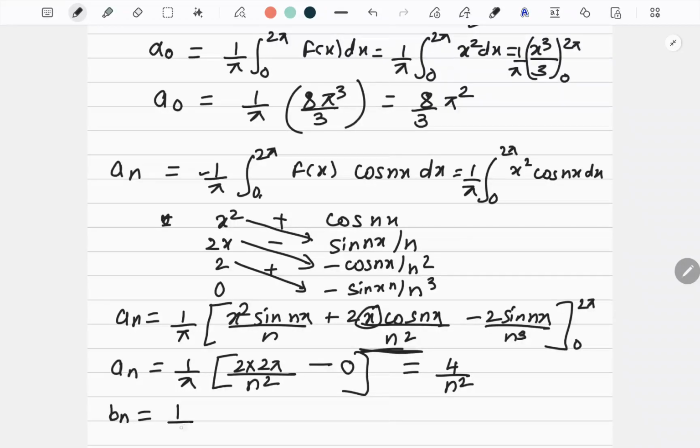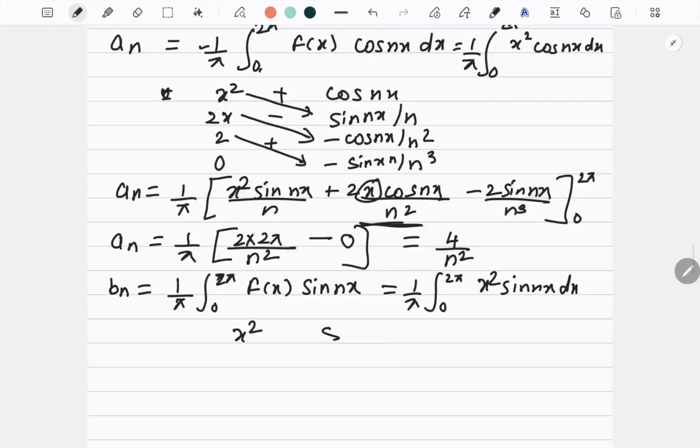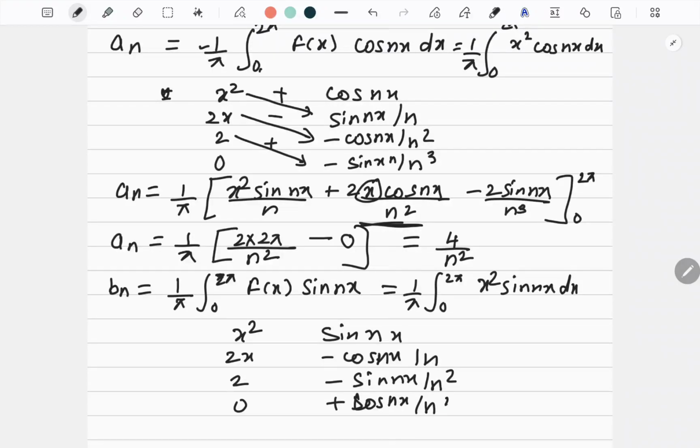Now I will focus on Bn. What is Bn? Bn is 1 by pi integral 0 to 2 pi f x sin nx, correct? Now let me solve this. So what is my fx? Fx is x square sin nx dx. Now again x square and sin nx. So 2x, then 0, minus cos nx upon n, minus sin nx upon n square, and plus cos nx upon n cube.